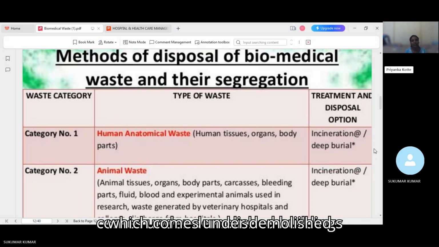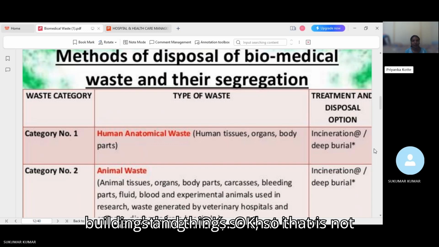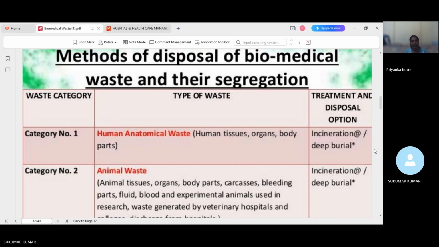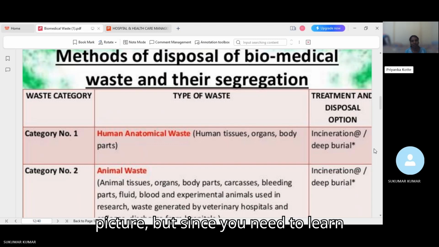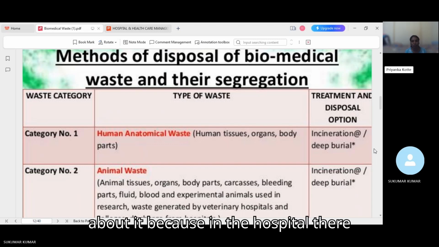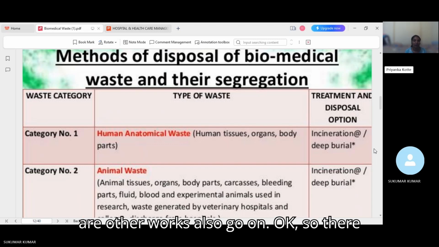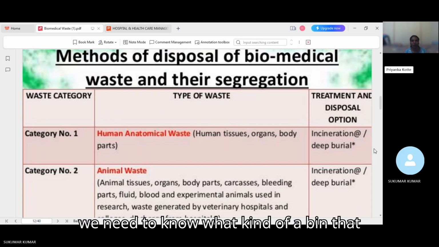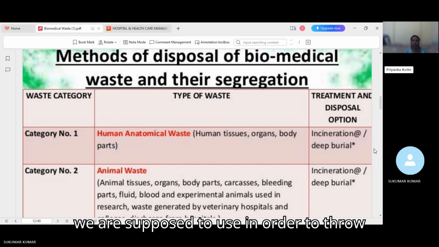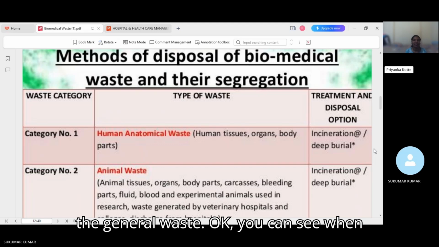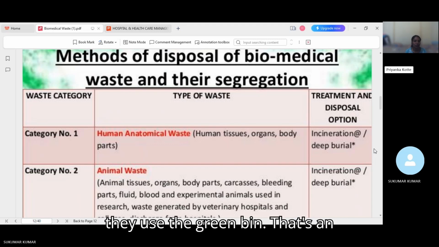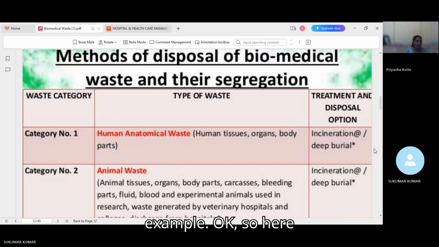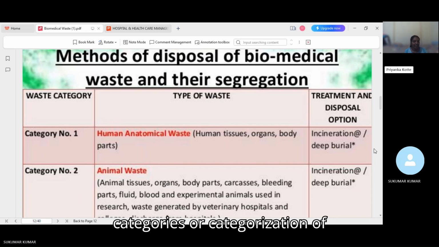Those are the things which come under demolished buildings and things. Okay, so that is not included in the biomedical waste category picture, but since you need to learn about it, because in the hospital other works also go on, we need to know what kind of bin we are supposed to use in order to throw the general waste. You can see even in the hospital canteens, they use the green bin. So that's an example.